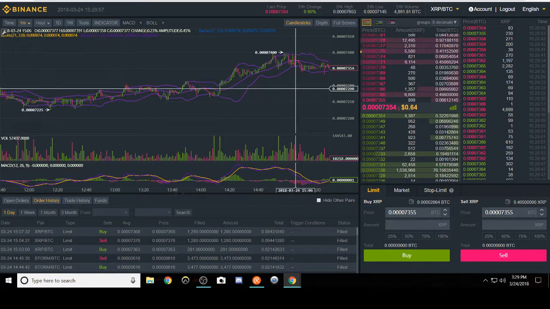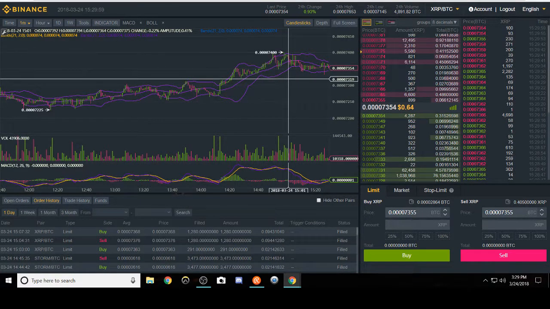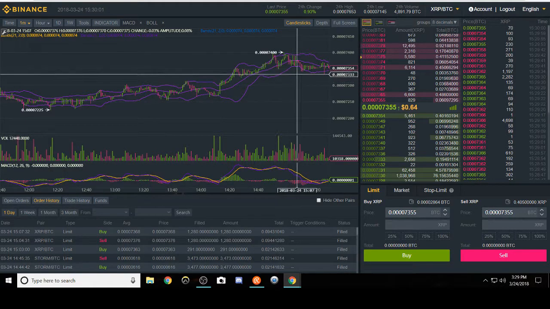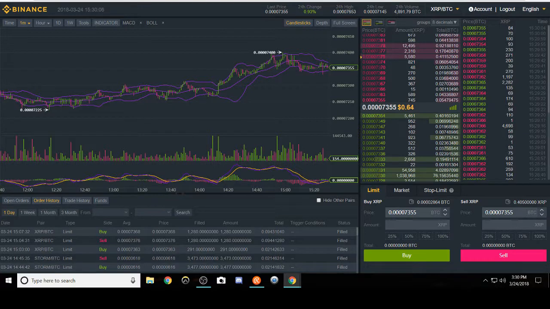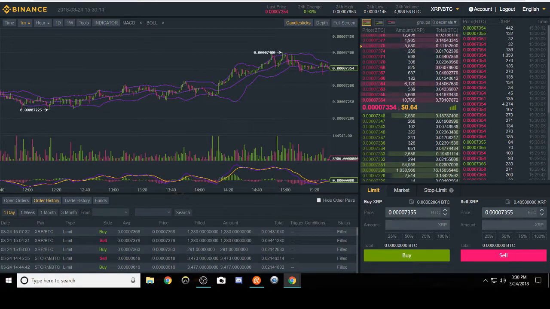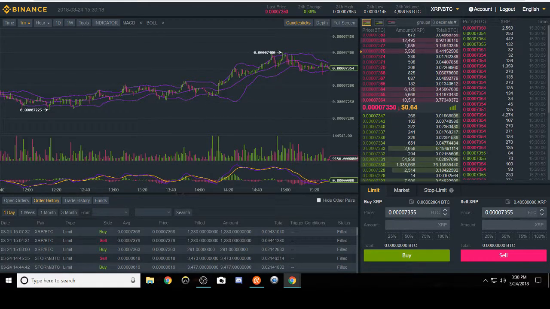If you look where it says last price up here, it says 7354 right now. Say you bought in at 7354 and it just switched to 7355 and you put your sell at 7355, you would get that one difference times whatever you bought.